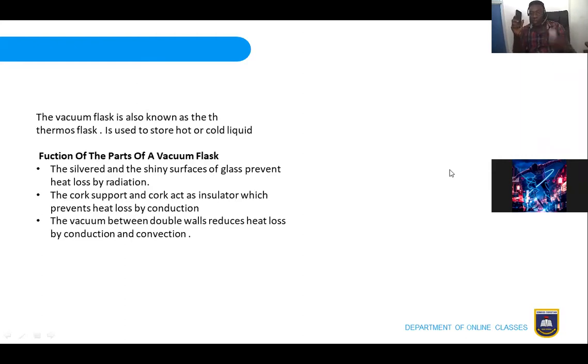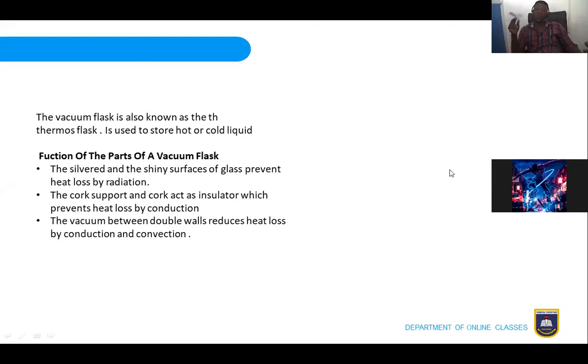Why? Because black absorbs heat more than the shiny surface. If heat is applied to the shiny body, it reflects the heat back. That's how come when you wear a black shirt when the sun is very hot, you feel some hotness.